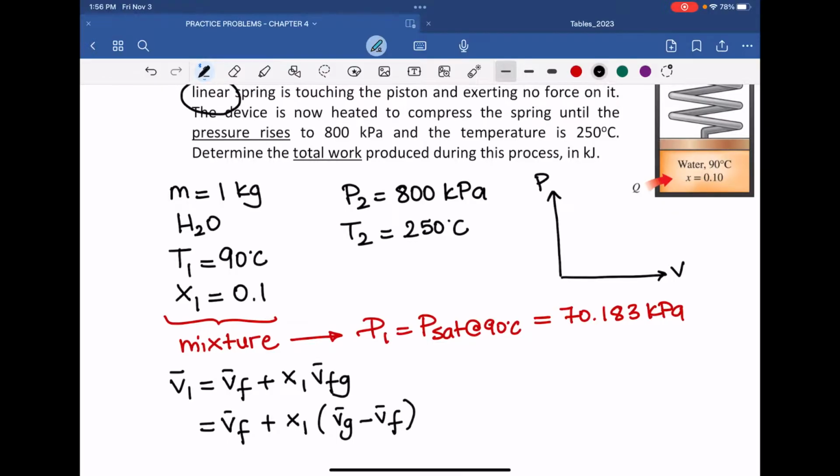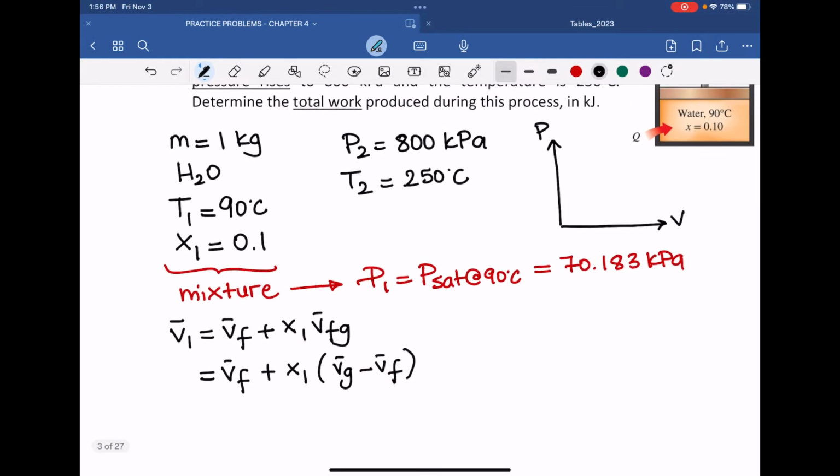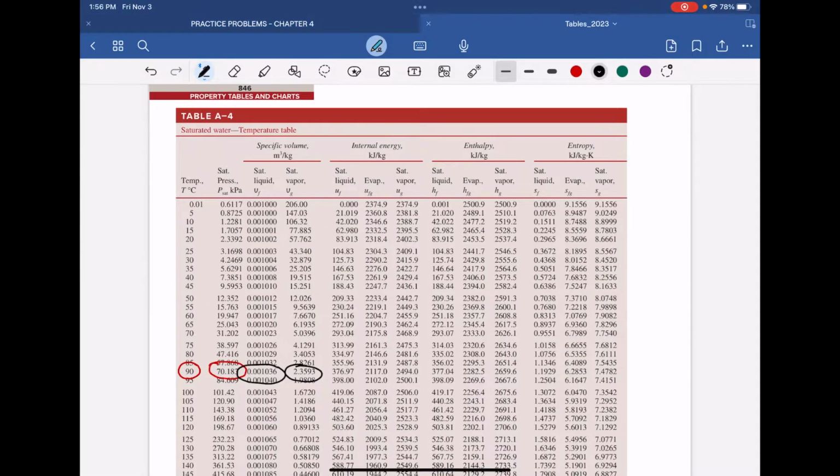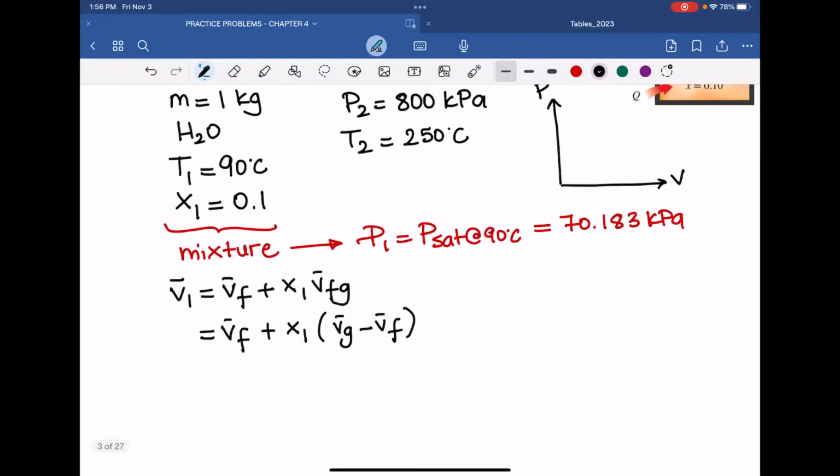Now vg and vf we can read from the tables, exactly the same table. We can read those and plug those in and calculate. Let's remember what the values were. Then we can just plug them in and calculate the specific volume.